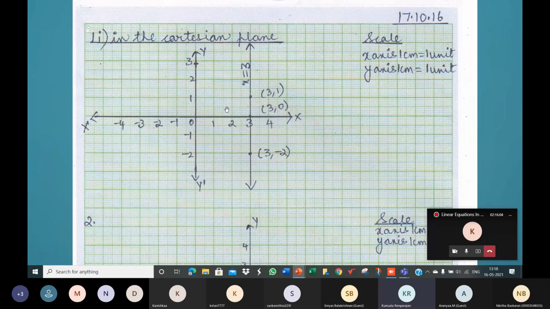You should always write for the x-axis or y-axis, 1 centimeter is equal to 1 unit if you're counting in ones. If you're counting in fives, 5, 10, 15, 20, then it will be 5 units. If you're counting in hundreds, 0, 100, 200, 300, 400, it's 100 units.